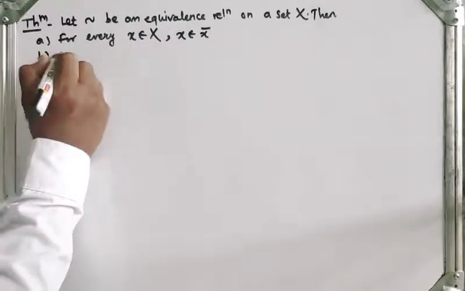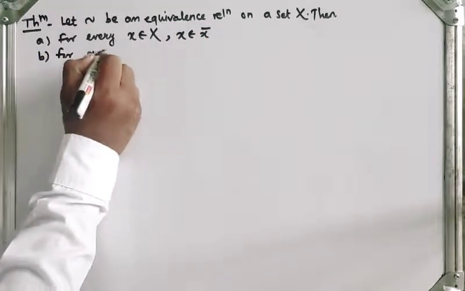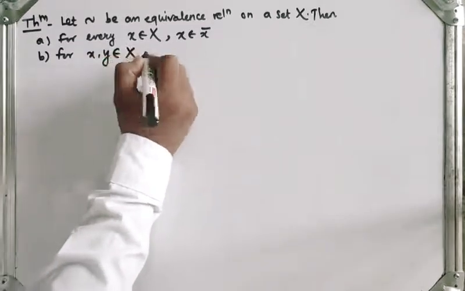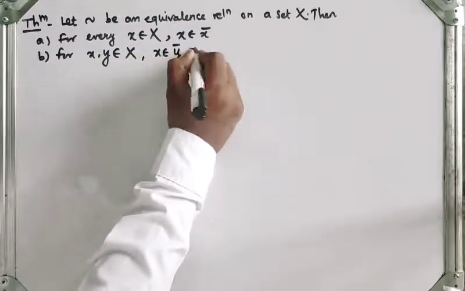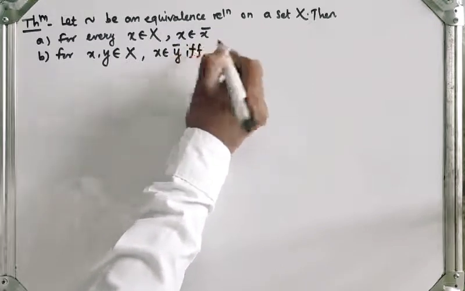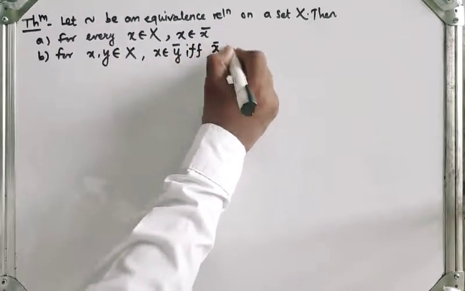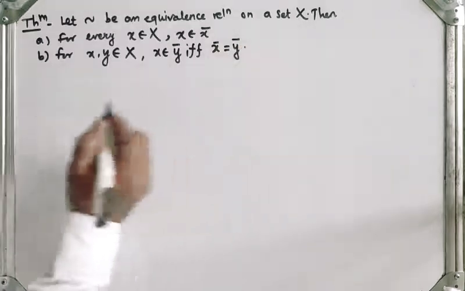Second, for x, y belongs to set X, x belongs to the equivalence class of y if and only if the equivalence class of x is the same as the equivalence class of y.